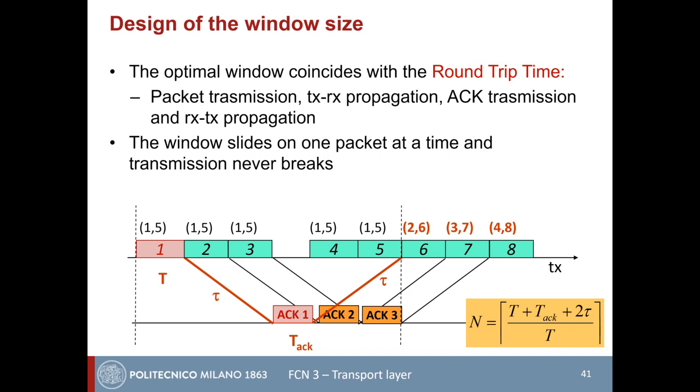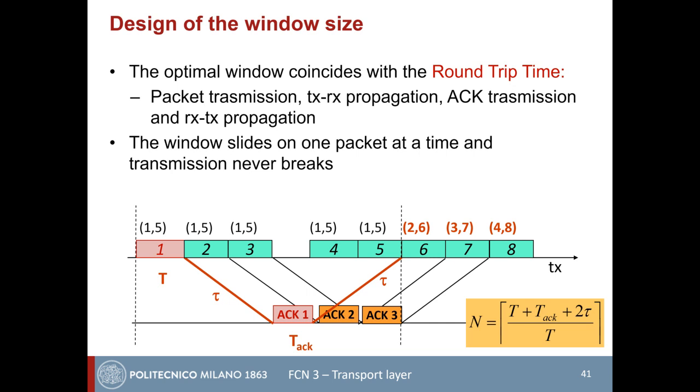So the size of the window should be designed, if we want to achieve this continuous transmission, according to this expression. You take the smallest integer greater than the ratio between t plus t_ARQ plus twice tau, which is this interval here, divided by the transmission time of the packet.